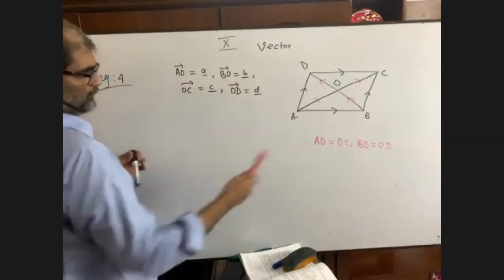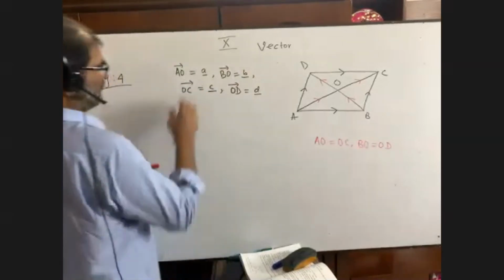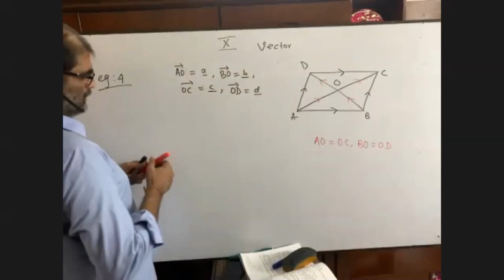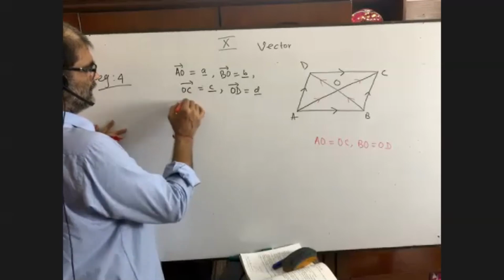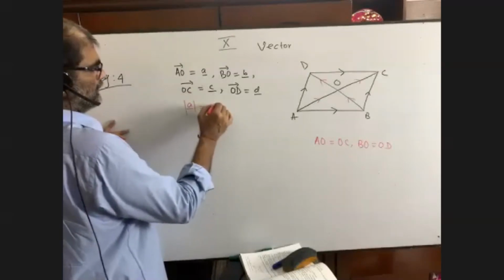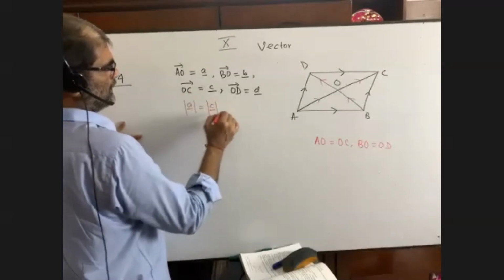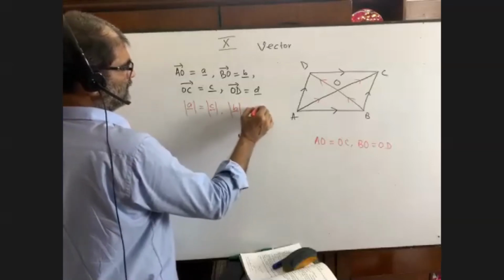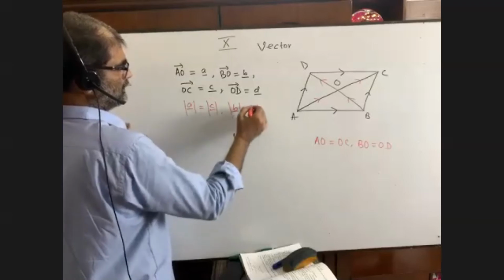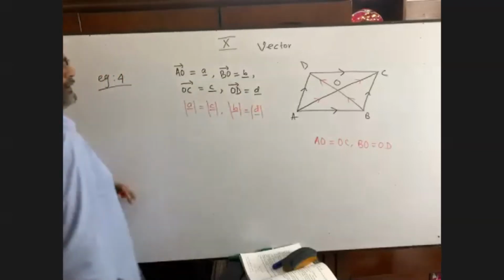That means AO and OC are equal. So it's enough if I prove the length A equals to C and B equals to D. If it is possible to prove, then we are done. Have you got me?